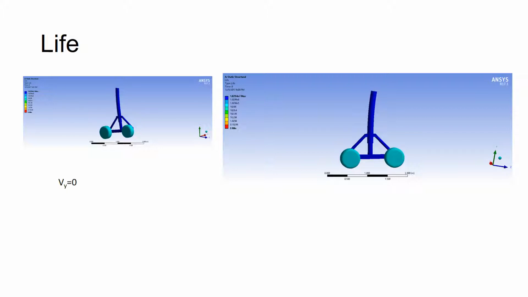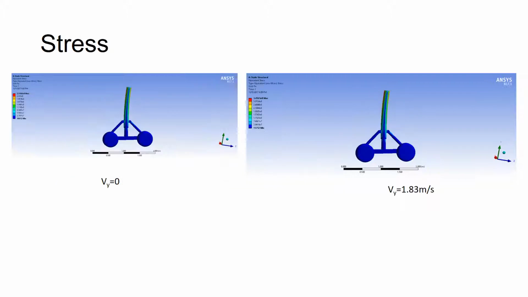So we can see that the smallest life appears on the tire part. However, the tire is disposable, we usually replace and change the tires pretty often, so that's also safe for our condition.